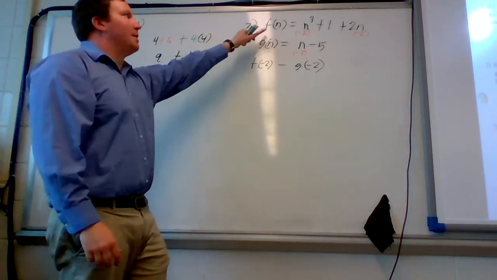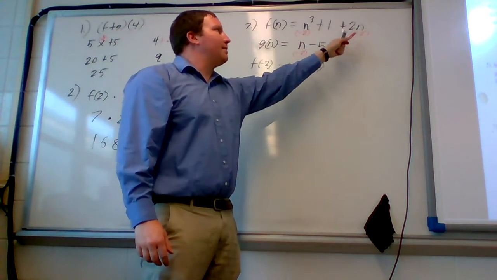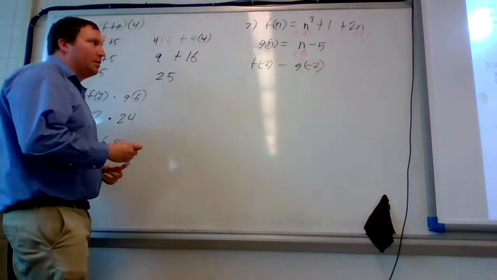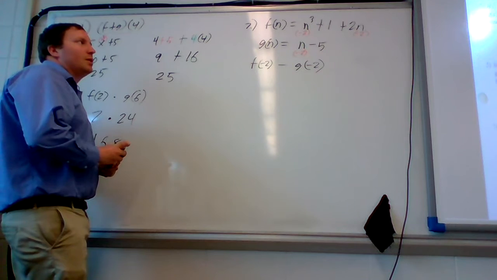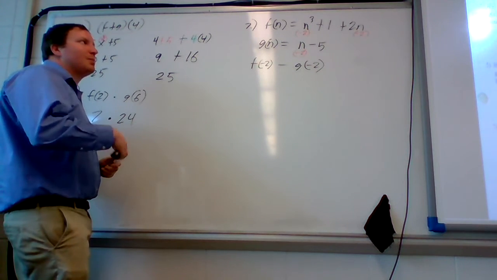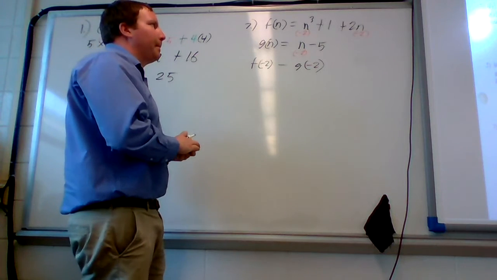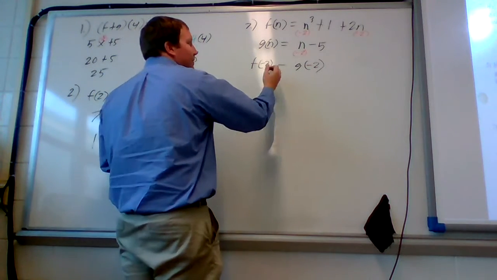So let's look at f of n. If we plug in -2 for our n values, what does -2 cubed get us? Or what is -2 times -2 times -2? -6. Wait, no, hold on, -8. So we have -8.